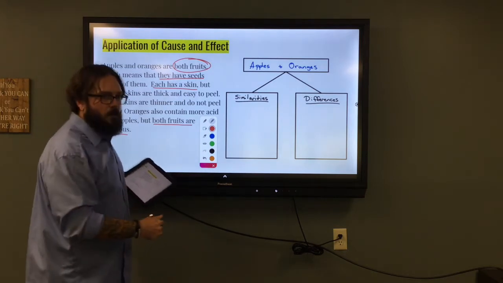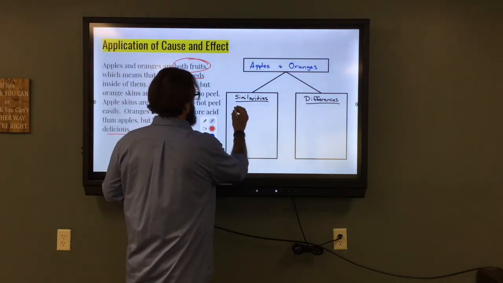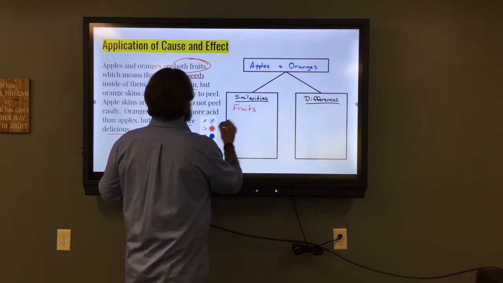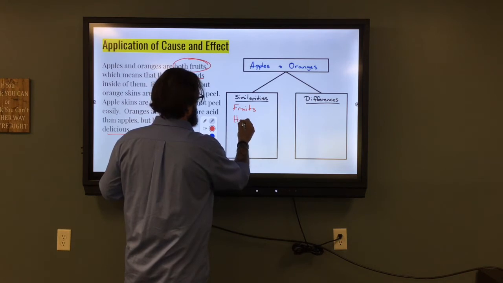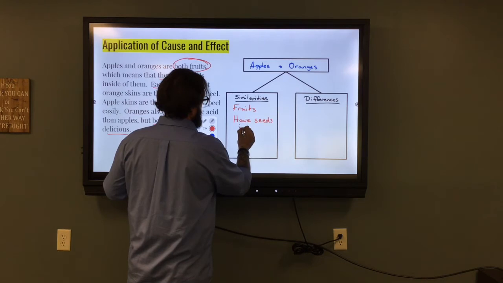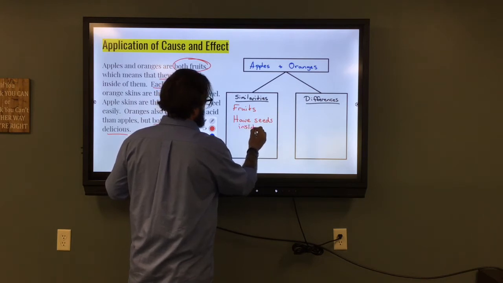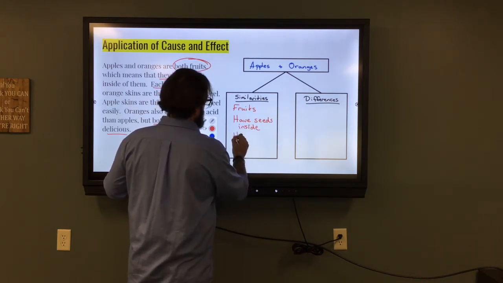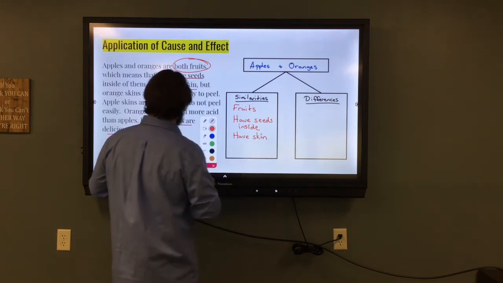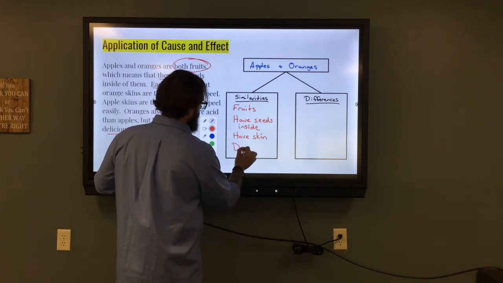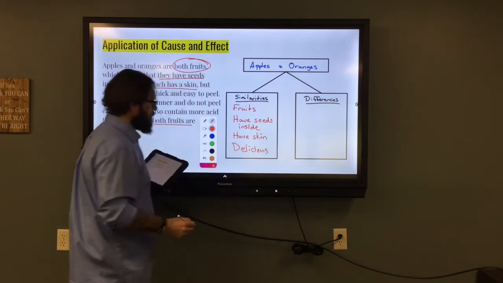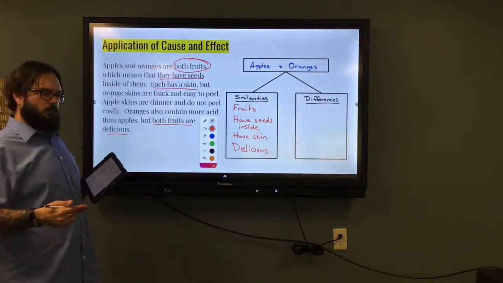So in this case, our similarities are that they are fruits, have seeds inside, they both have skin, and they are both delicious. What about differences?